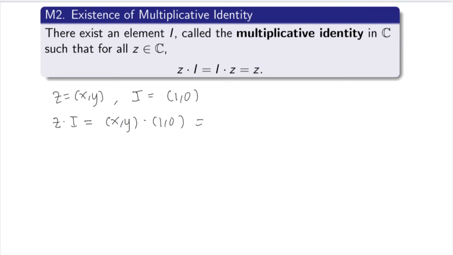Applying the definition of complex multiplication, we have x times 1 minus y times 0 for the real part. For the imaginary part, we have x times 0 plus y times 1.